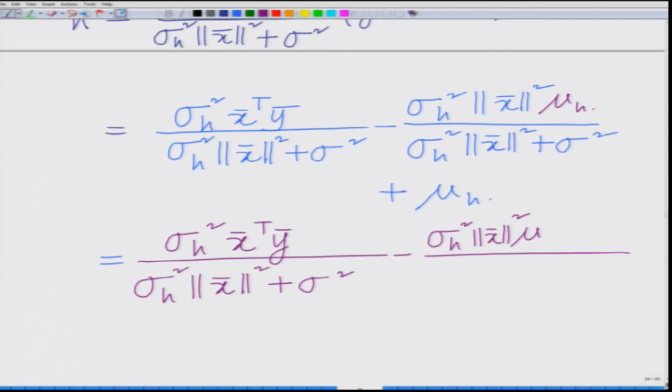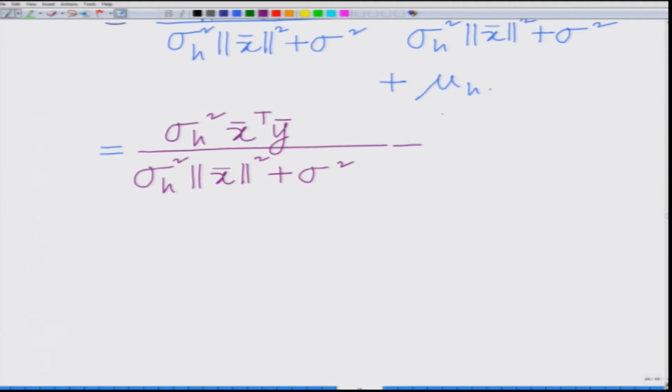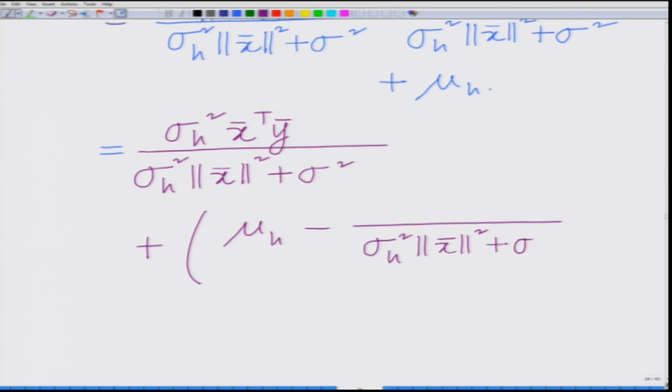Let me just write this as a separate term, plus mu h, let me write it explicitly, mu h minus sigma h square norm x bar square plus sigma square in the denominator, with numerator sigma h square norm x bar square into mu h. Now you can see what happens when we simplify this.